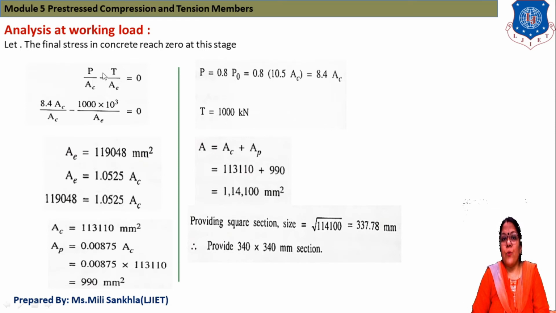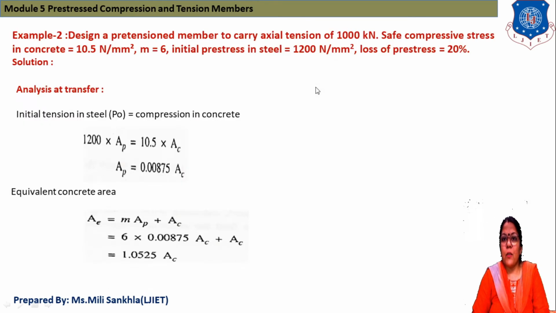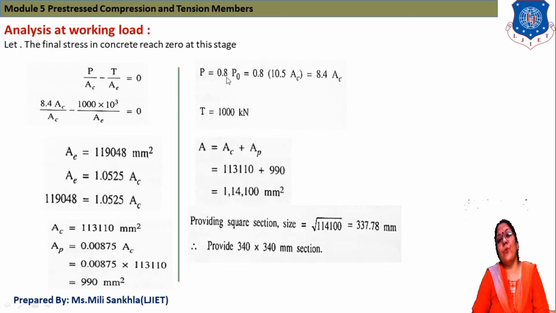P is equal to 0.8 P0. Here our effective pre-stress, because in data loss of pre-stress is given 20%, so effective pre-stress is 100 minus 20, that is 80%, and here we write 0.8 into P0.